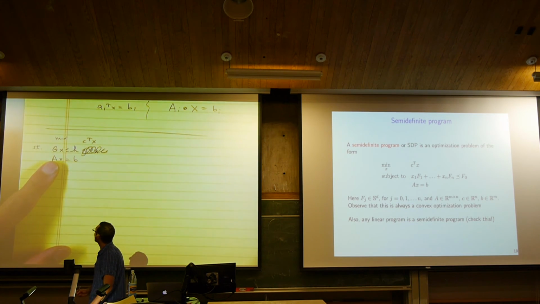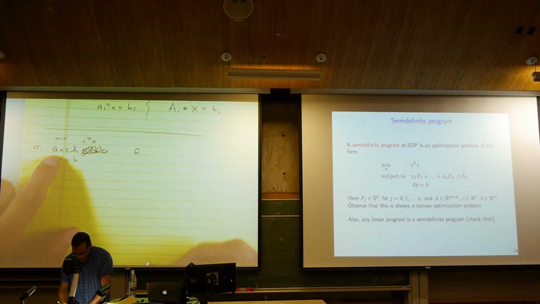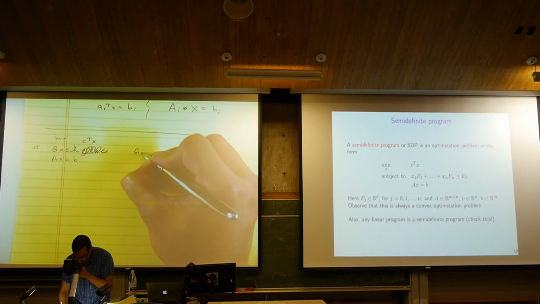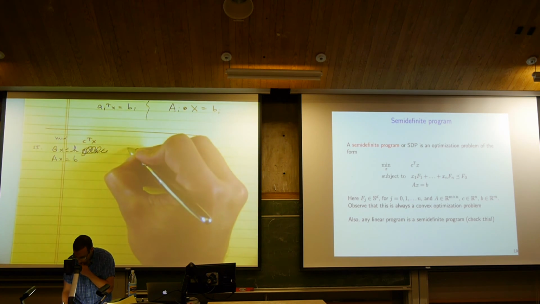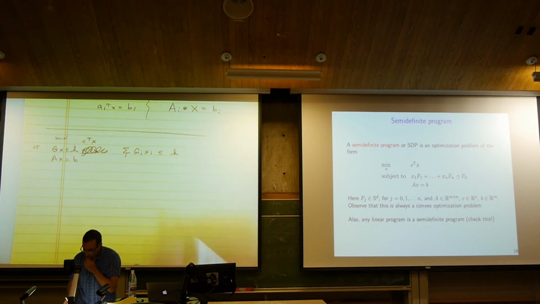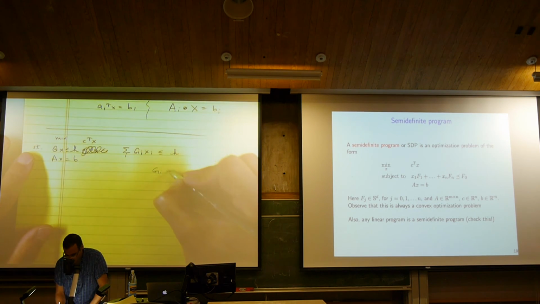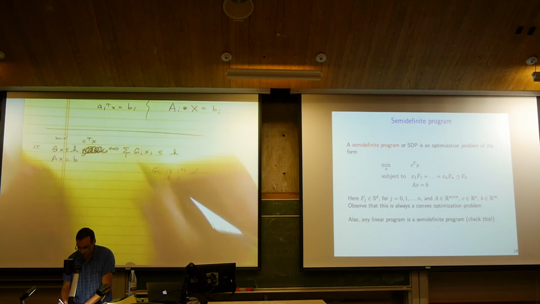I'm going to rewrite this using each column of G, which I'll call g_i, times x_i, less than or equal to h. So this is the sum over columns g_i x_i. That's another way of writing this constraint; I'm just rewriting Gx in this form.